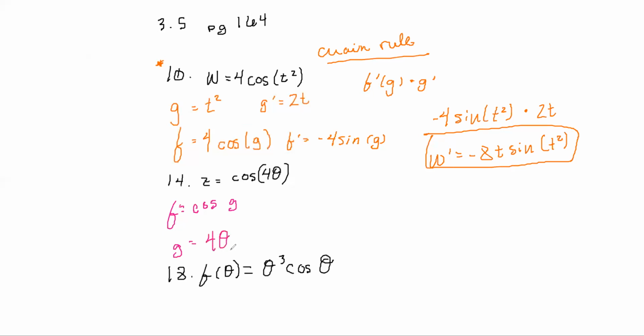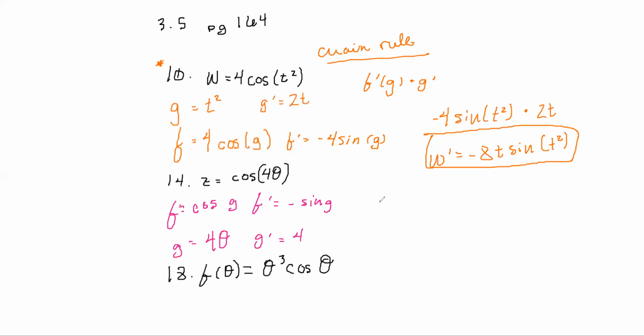Is that what you said? All right. So that means that f prime is going to be negative sine g. G prime is going to be 4. That means that when we're going to put this together, not negative. I'm taking a derivative of cosine and going to sine. Yeah, that's good. Always question, just make sure you know what's up.